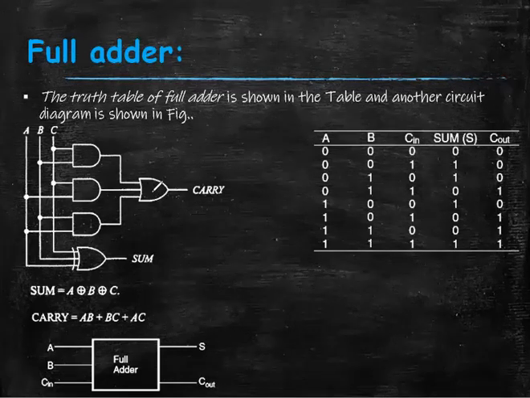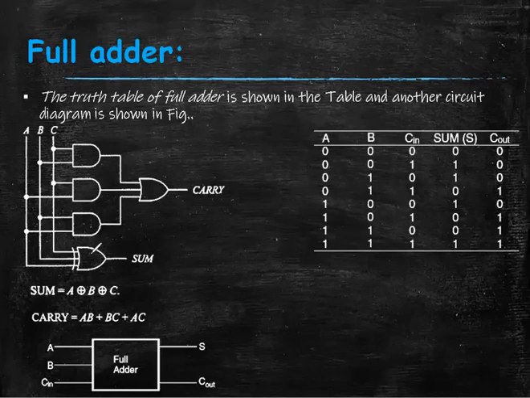And here the 3 input XOR gives S equal to A XOR B XOR C. Okay, and in the lower part we express the block diagram of the full adder. In the block diagram there are 3 inputs A, B, C in, and 2 outputs, sum and carry out.